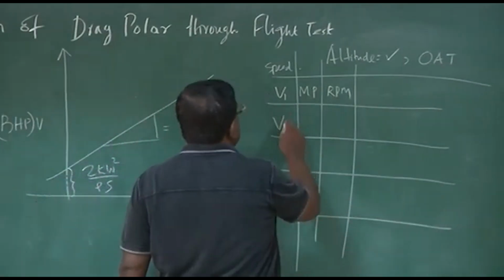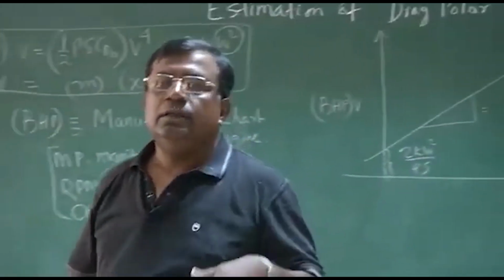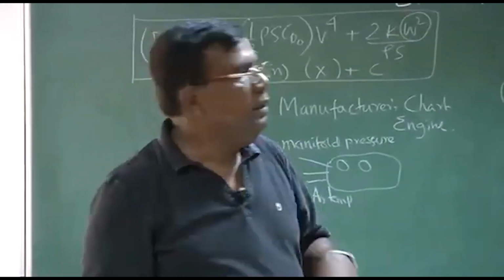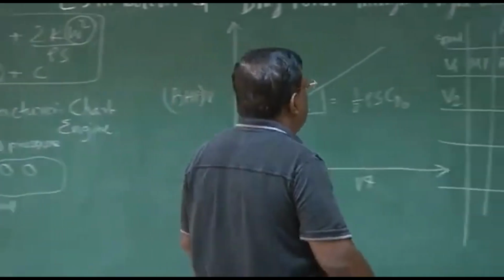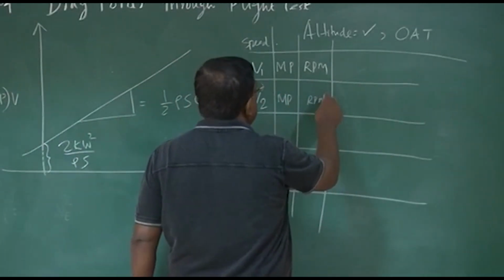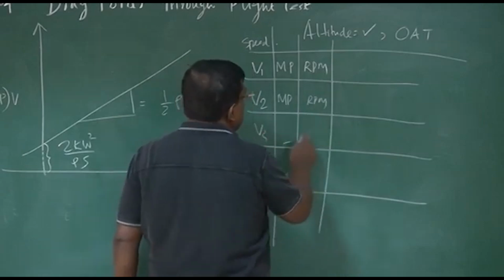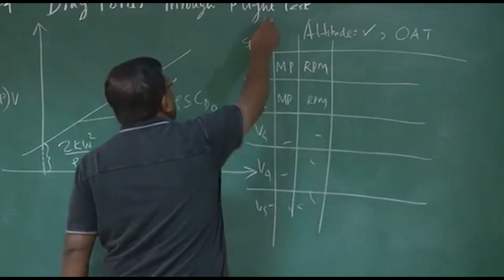Then again, you request the pilot to cruise at a speed V2. Again, you note down the manifold pressure and the RPM. You do it for 3 to 4 or 5 readings.